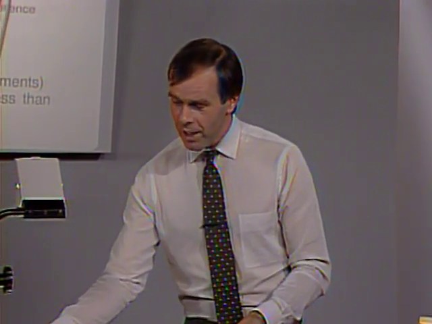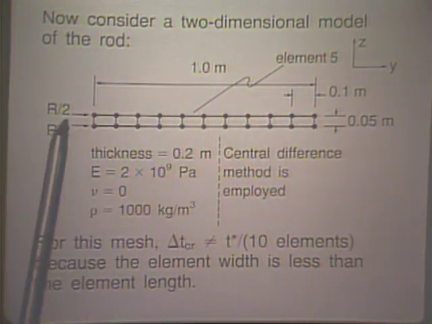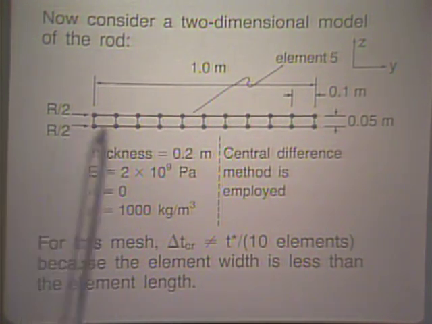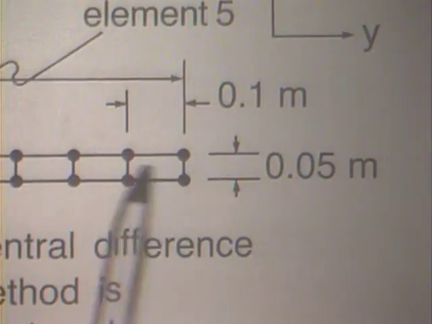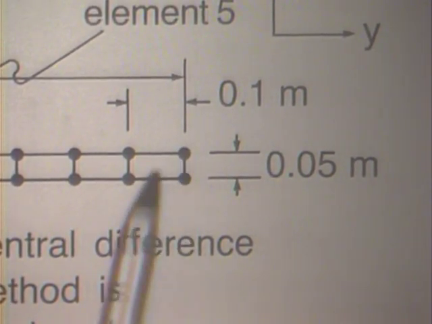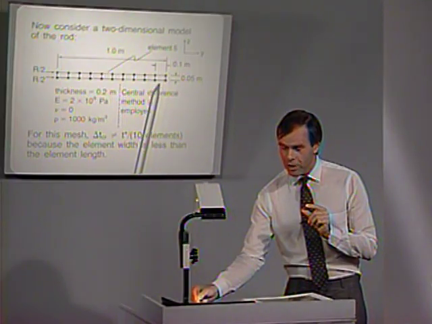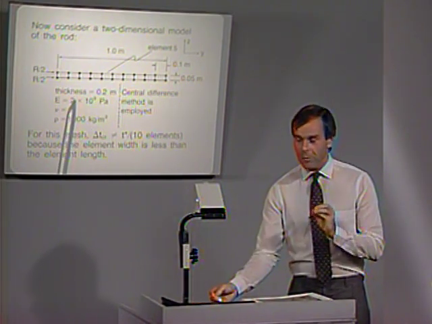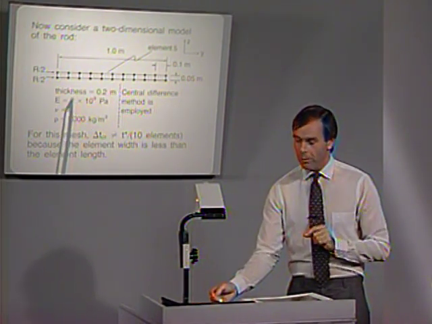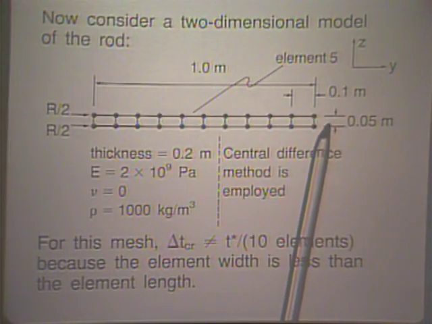Notice our critical time step that we identified for the one-dimensional wave propagation here would of course be calculated depending on this length. However, we have to allow for the fact that there is also a possibility of wave propagation this way, and the actual critical time step that we have to use in this problem is given by this length, by the shortest element distance.